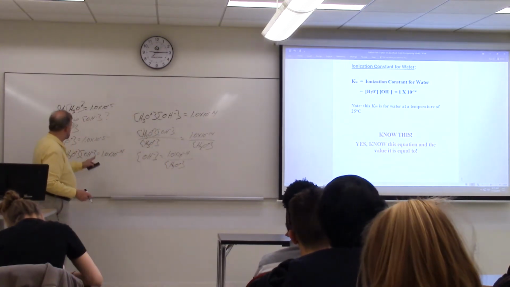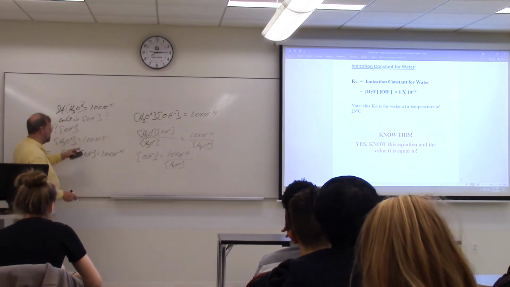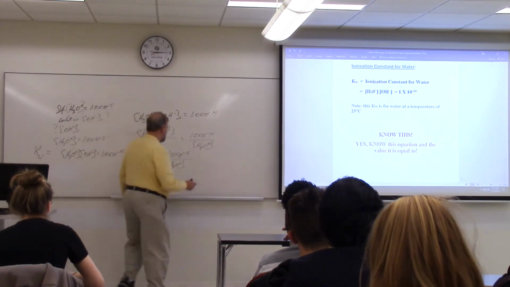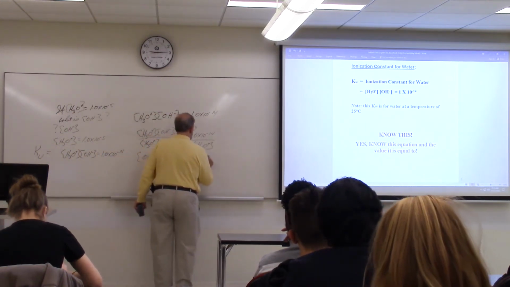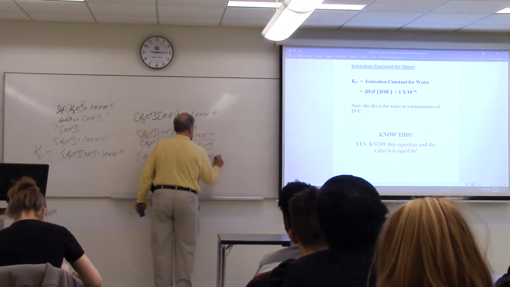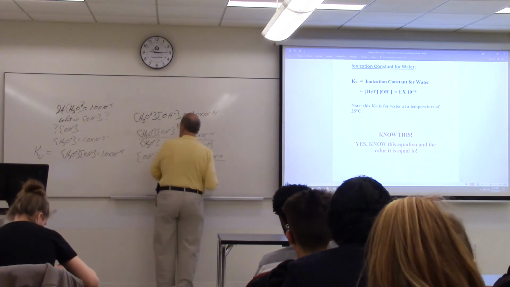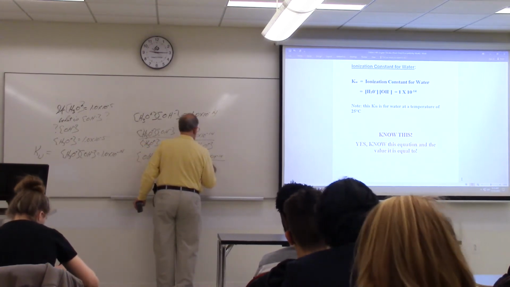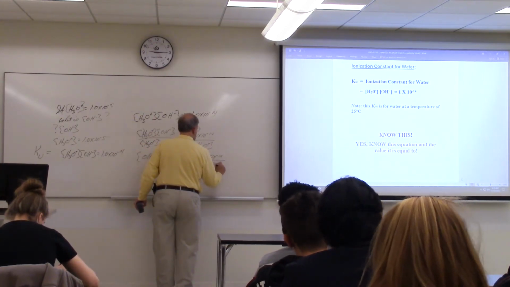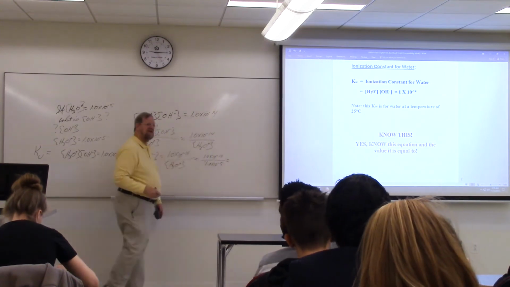And now I can put in my numbers because I know what this is. So this is now equal to 1.0 times 10 to the minus 14 divided by 1.0 times 10 to the minus 5. I don't need a calculator.